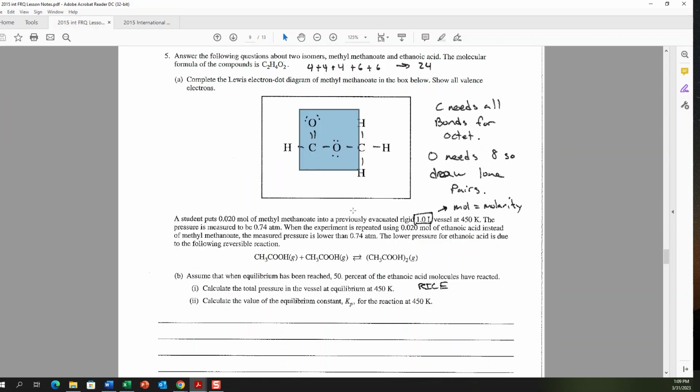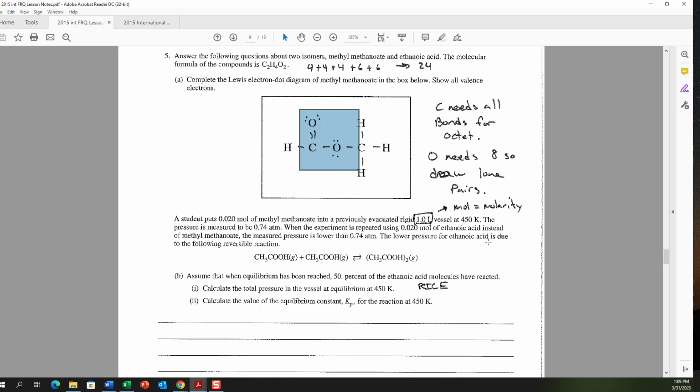Okay, so if we look at what's going on here, it says 0.02 moles of methyl methanoate into a previously evacuated 1 liter container, so that means moles equals molarity if we need to know that. The pressure is measured to be 0.74 atmospheres. When the experiment is repeated with 0.02 moles of ethanoic acid instead of the methyl methanoate, the measured pressure is lower, okay?